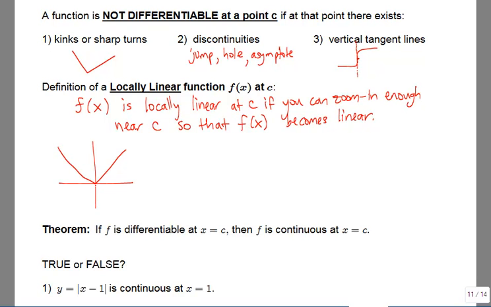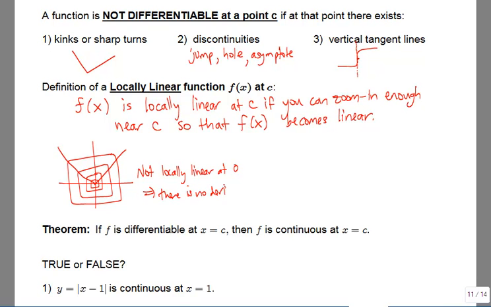So consider this absolute value. If I zoom in at the origin, is this ever going to look like a straight line? No, because there's no way to get rid of that little kink in your graph. So this particular graph is not locally linear at the origin, at 0, which implies that there is no derivative.